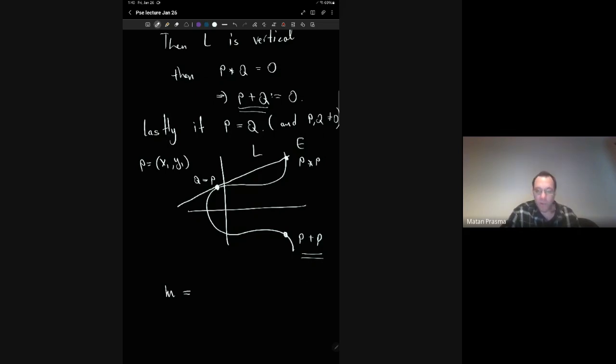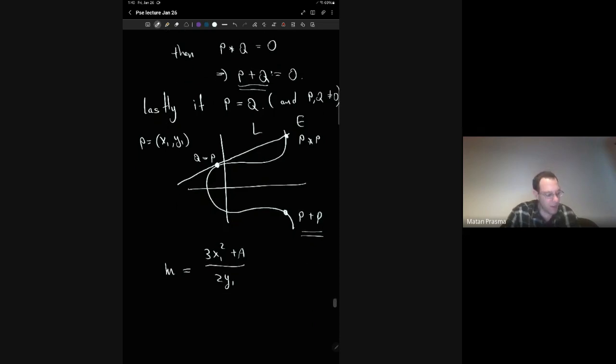And so the slope is 3x1 squared plus a over 2y1. Now if y1 is equal to 0, it means that the slope is not really defined, then L is vertical.